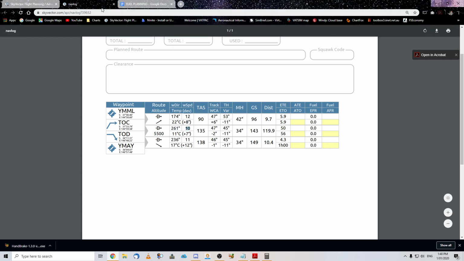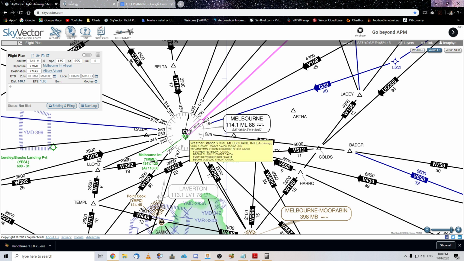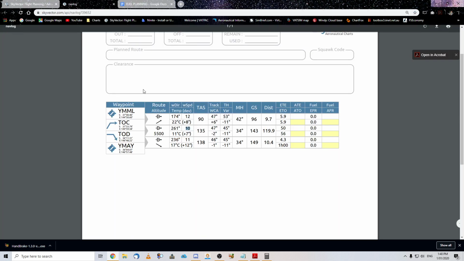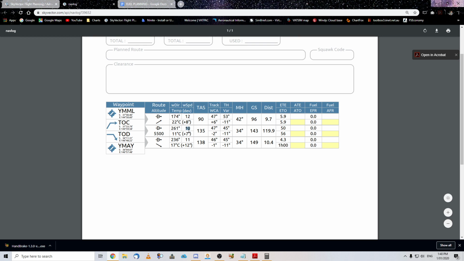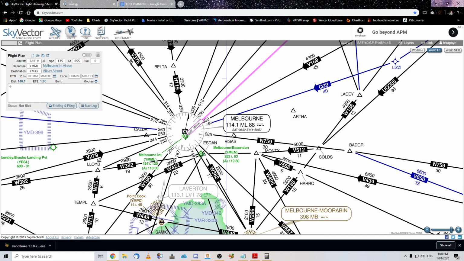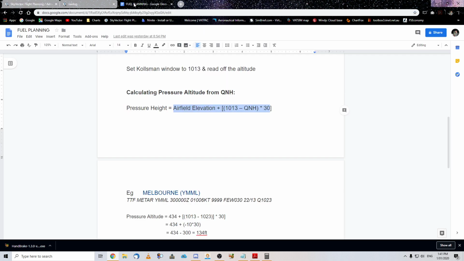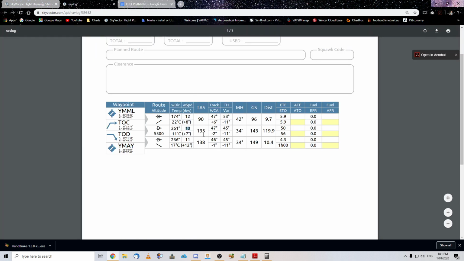Now we're going to be travelling in a sort of northeasterly direction, but today's winds are 261 at 10. In other words, they're coming basically from the opposite direction. So we expect we're going to have a hell of a tailwind, and we can see that because our ground speed today will be 143 knots.